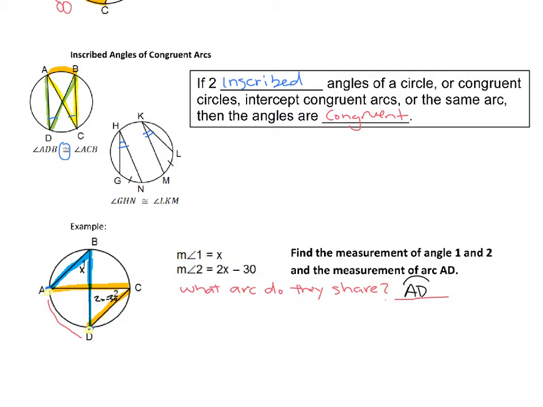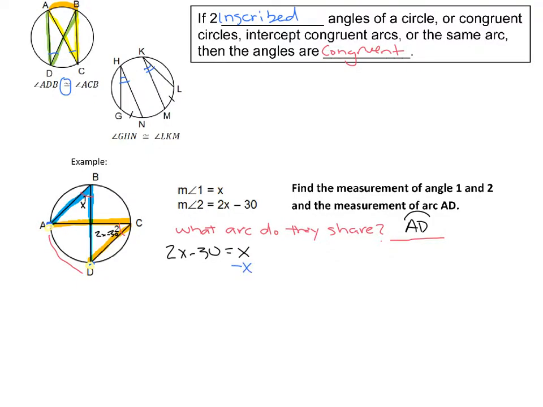Because they share an arc, that tells us this angle is congruent to that angle. Mathematically, we're going to set them equal to each other: 2x minus 30 equals x. Now, all we have to do is solve. So I'm going to subtract x from both sides. That leaves me with x minus 30 equals 0.